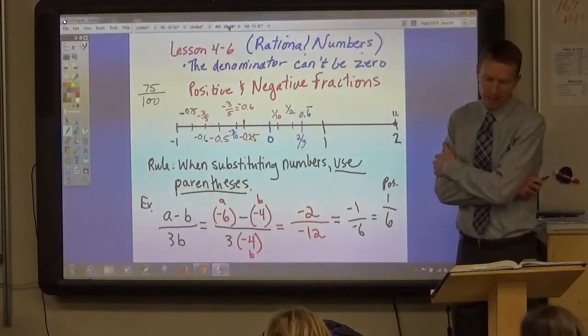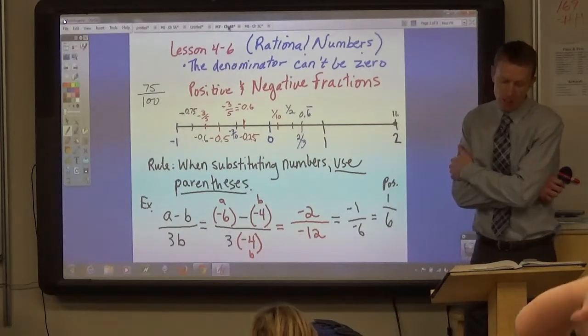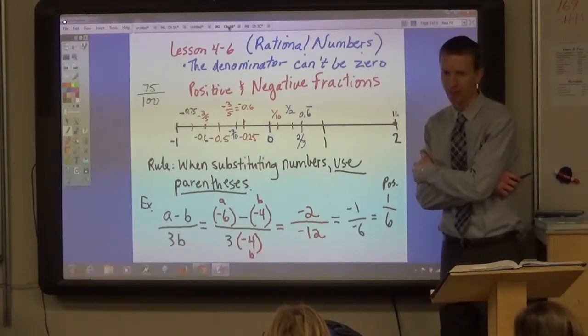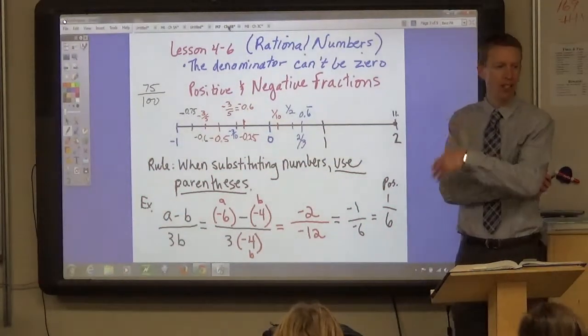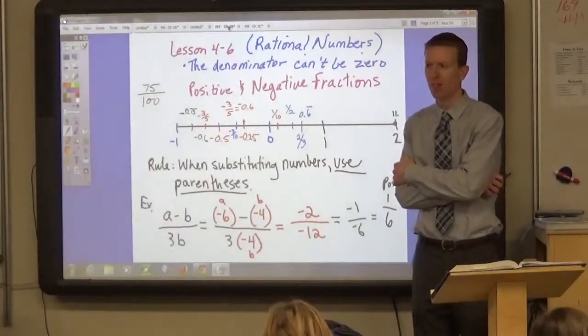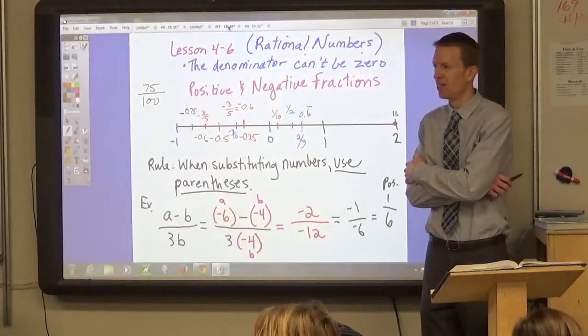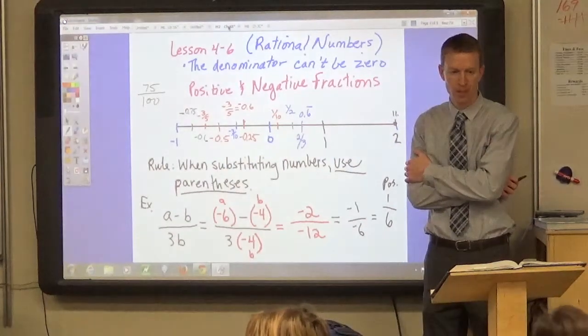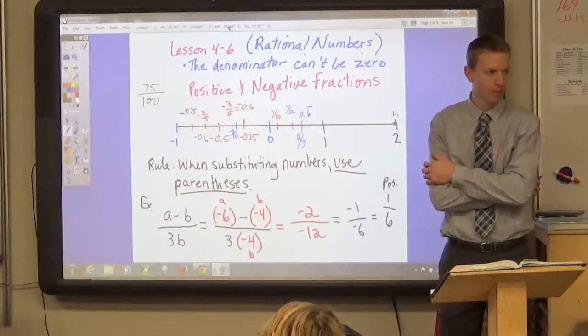Let's look at the assignment, page 207. It says, show the next three fractions equivalent to 1/2. What is that question about? It's about finding equivalent fractions. Right?